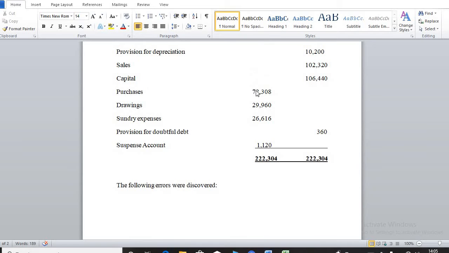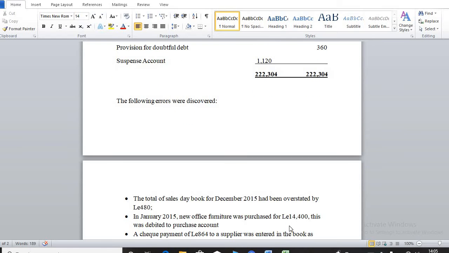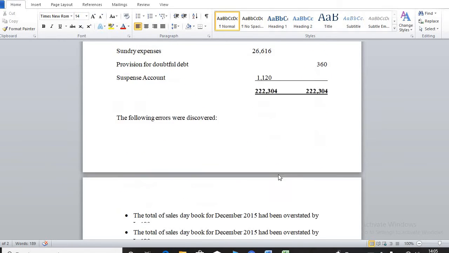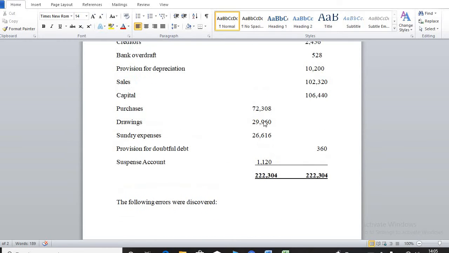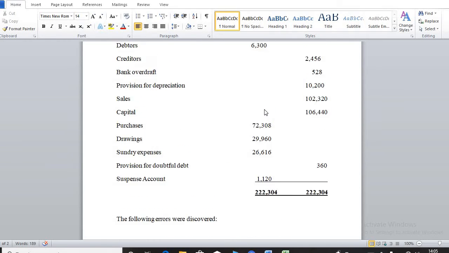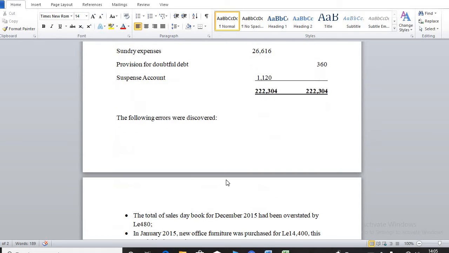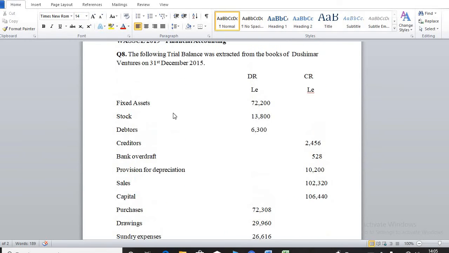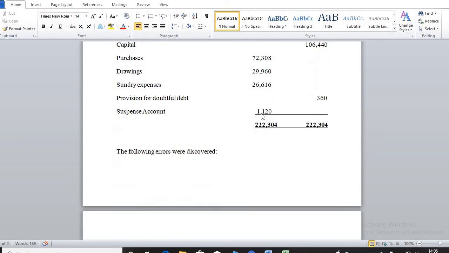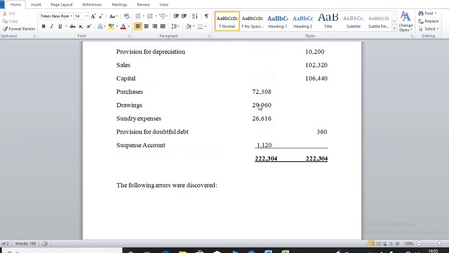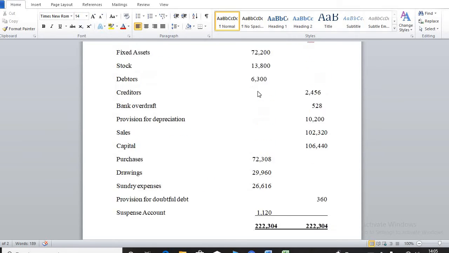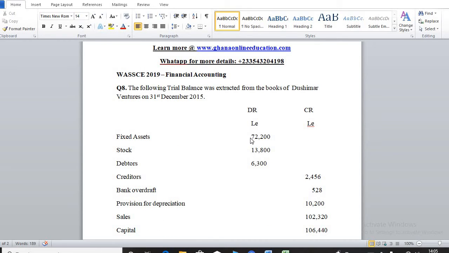And how do you remove this 14,400 from this account? Moreover, the asset that you see here, which is 72,200, has been understated, because instead of adding this 14,400 to this one, they've added it to this particular account. So how do you remove it from here? Then we add it to this account.